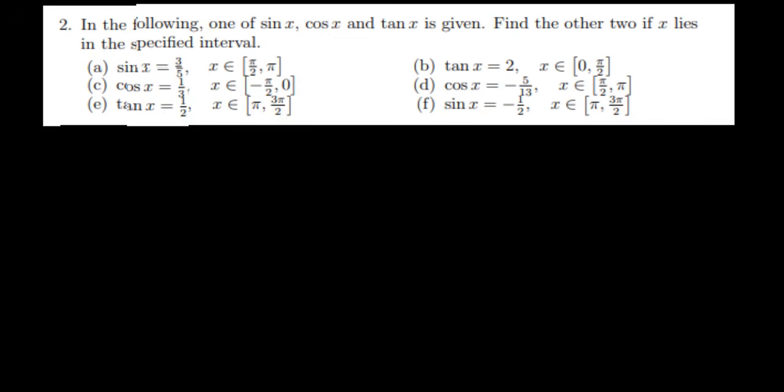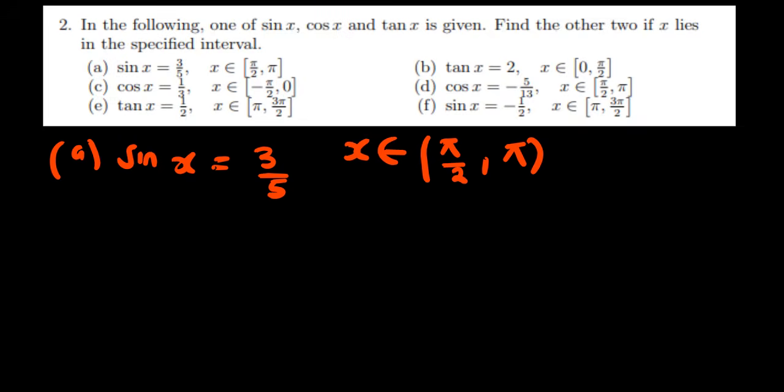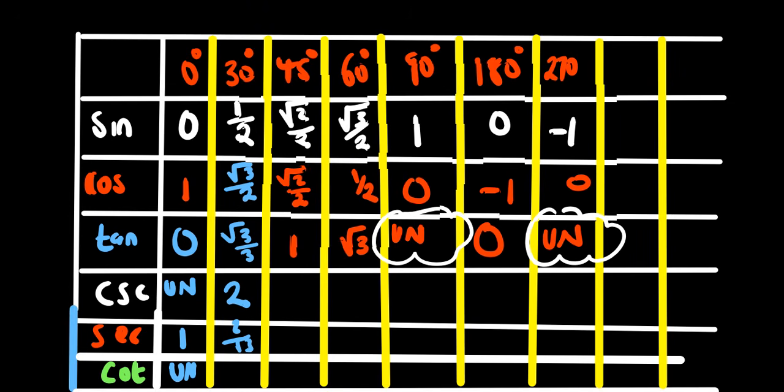So for A, we are given sine x is equal to 3 over 5, and we've been given a range. x is a member of pi over 2 to pi. Now I must mention something. If you are going to be converting these values to radians, like that is a conversion factor. Like for 0 to just be 0.